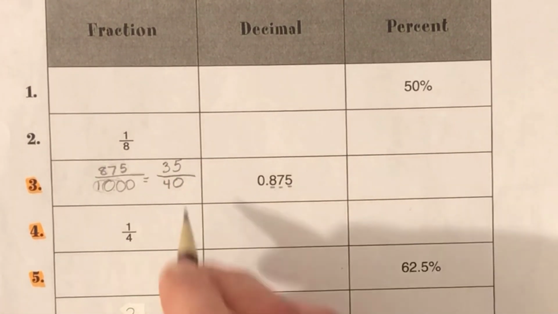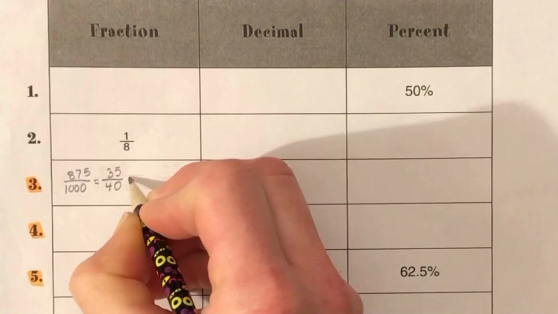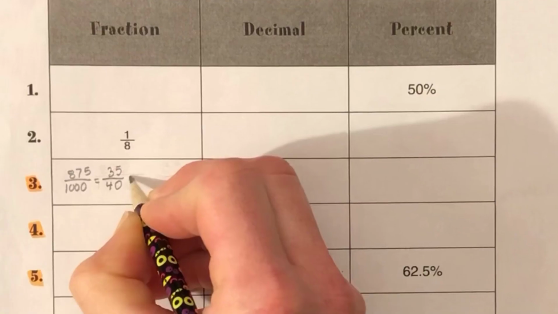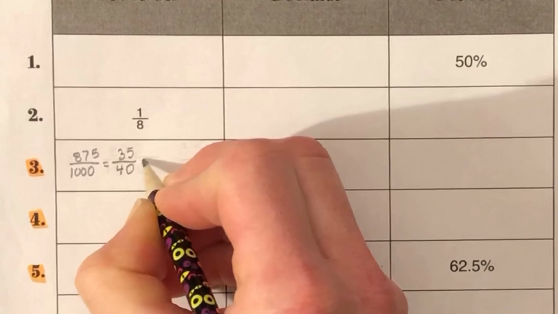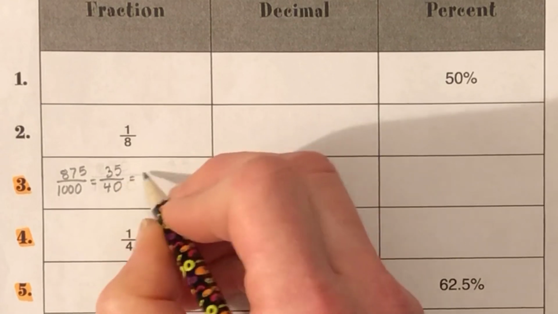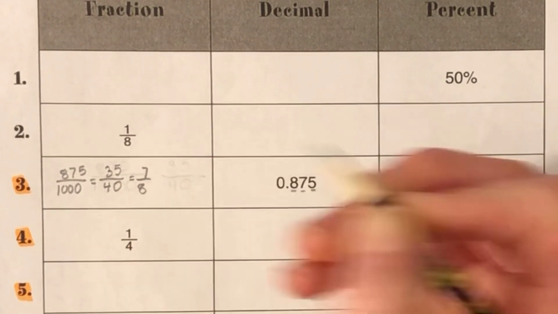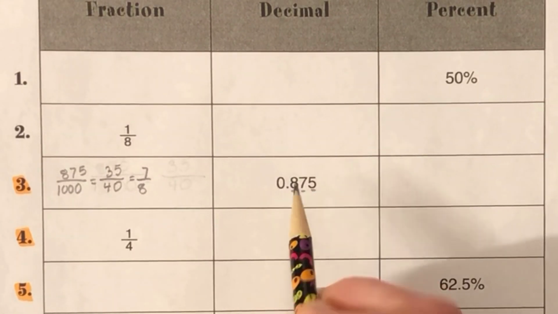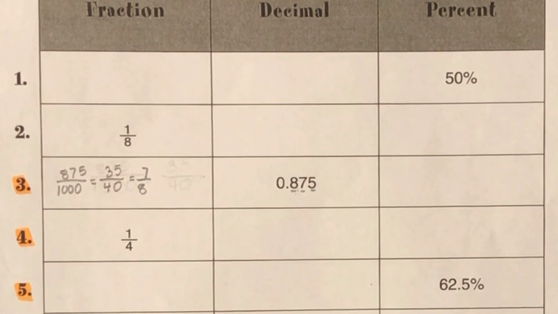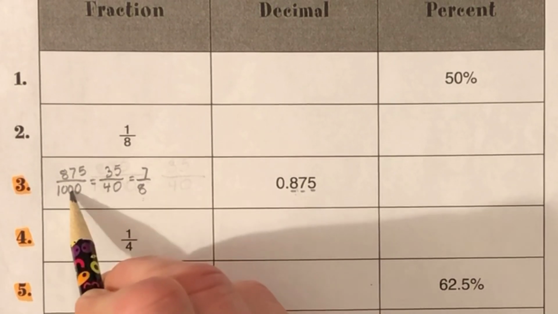Oh wow, I can still reduce that one more time. Since I ran out of room, I rewrote it to make it neater. I can reduce that by 5, 7/8. Wow, who knew that that is 7/8? Doesn't that seem so much more understandable to you than that?